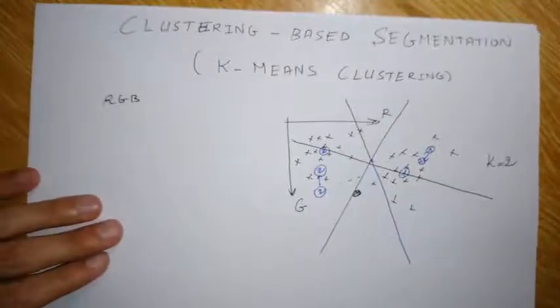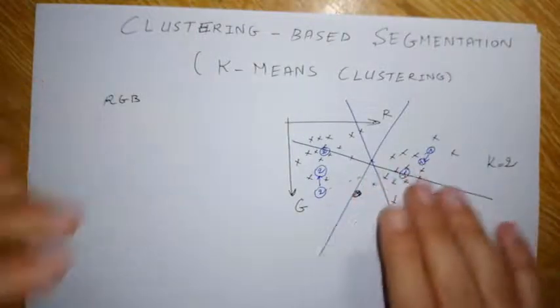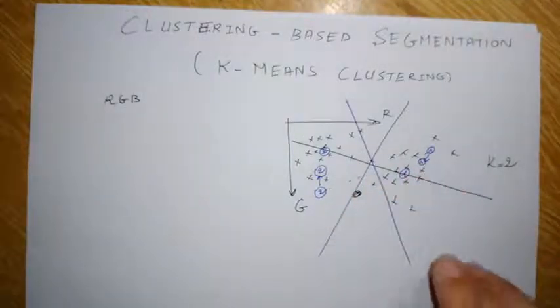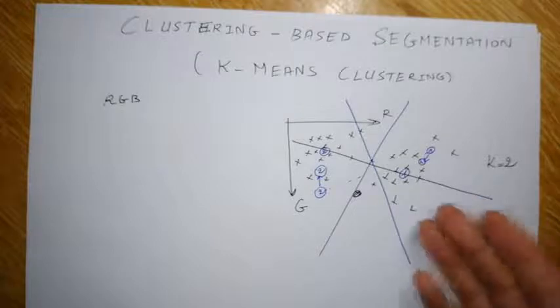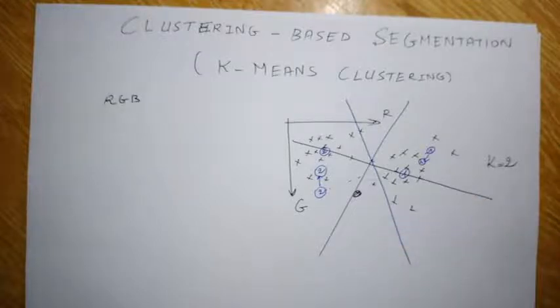This technique, k-means clustering, is used in image processing not only for segmentation. It can be used for other purposes. It can be used, for example, for compression: downsample an image.